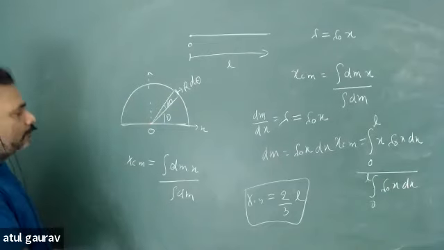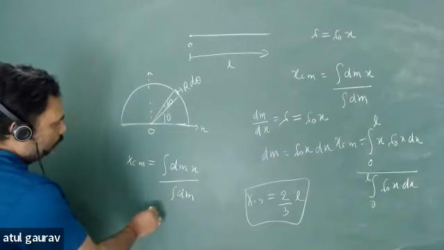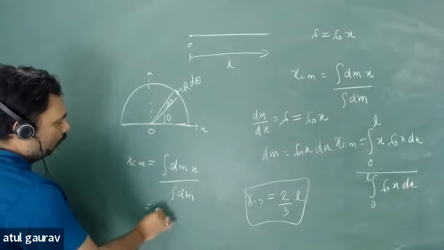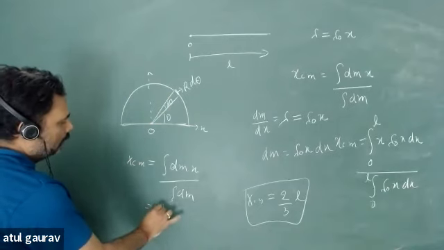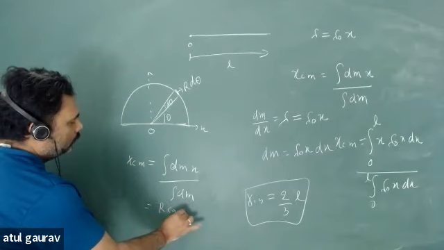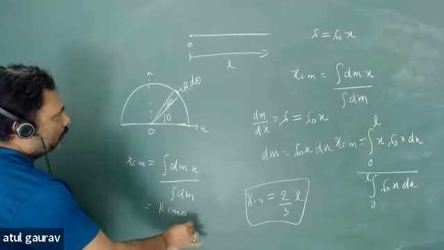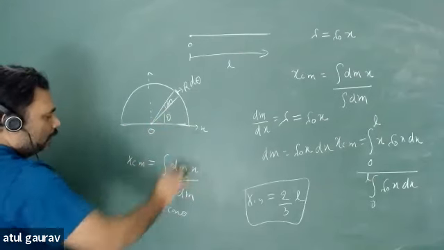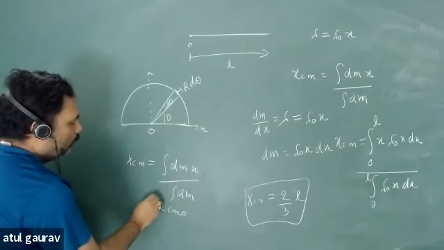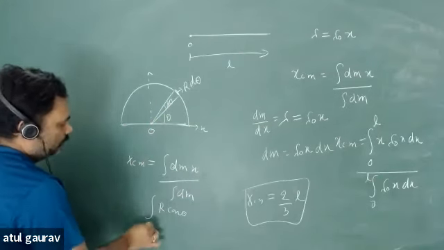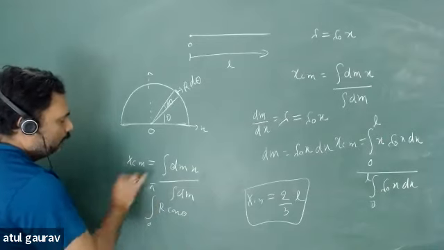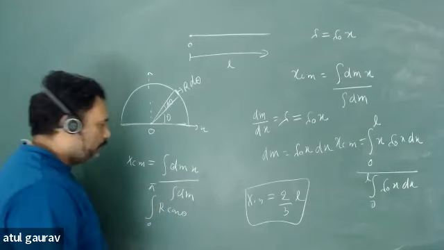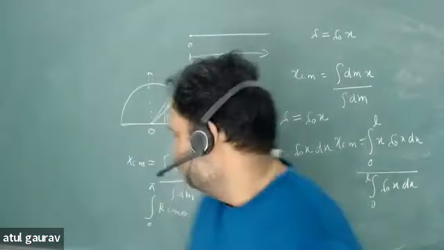So what is x? बताओ क्या होगा? R cos theta, isn't it? Yes. This is r cos theta, and from where to where you will go? From 0 to pi. Yes or no?